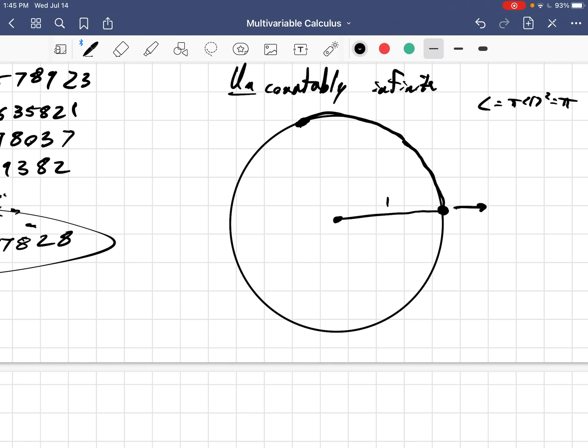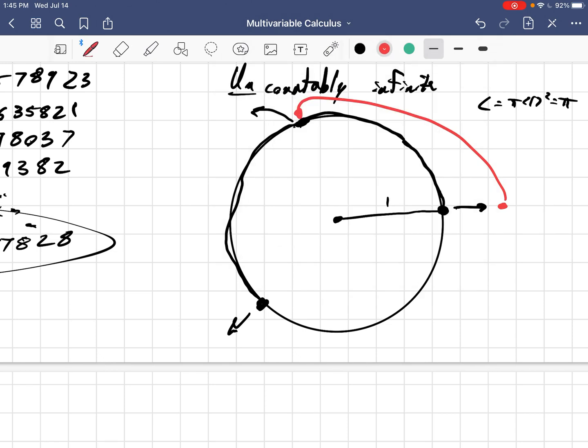And now the point that I threw out, which is now here, I'm going to put it here, and I'm going to throw out this black point up here. And then I'm going to move another unit along the circumference of this circle, and I'm going to throw out this point.